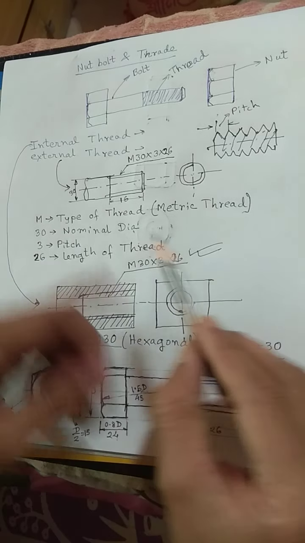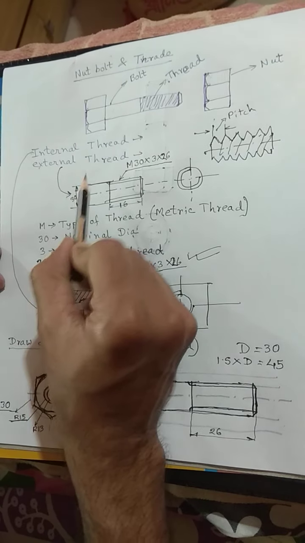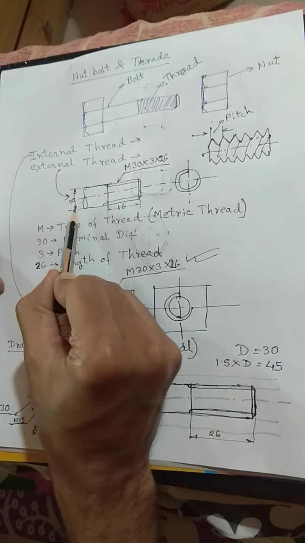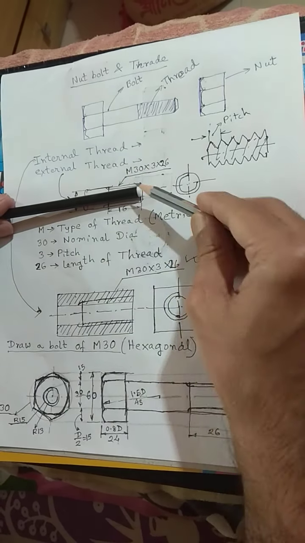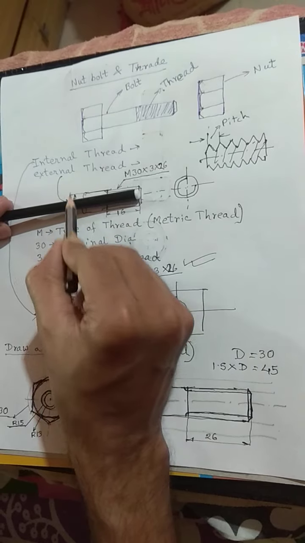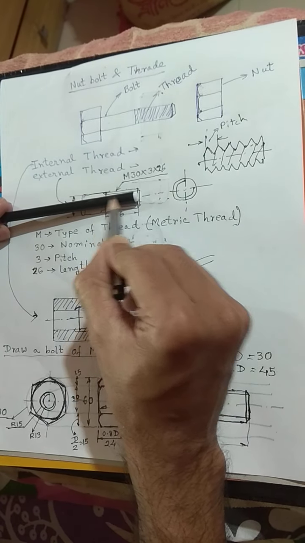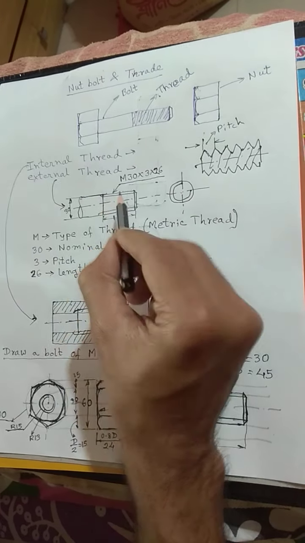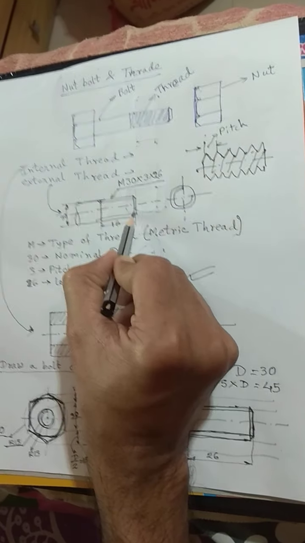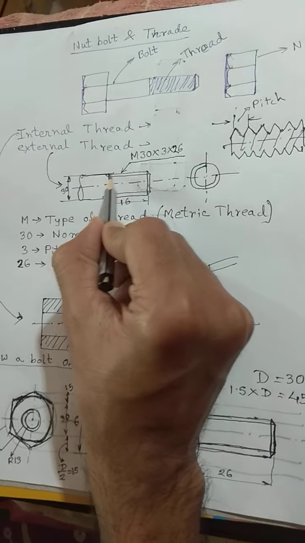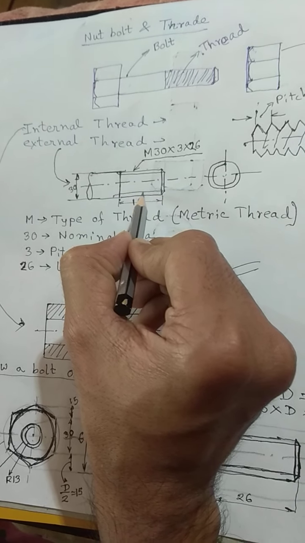Look, I am showing the representation of an external thread. This is a round bar, and it looks like a rectangle. If I cut a thread in this part, then I have to represent this thread by using a double line, and the double line distance will be 2 mm.